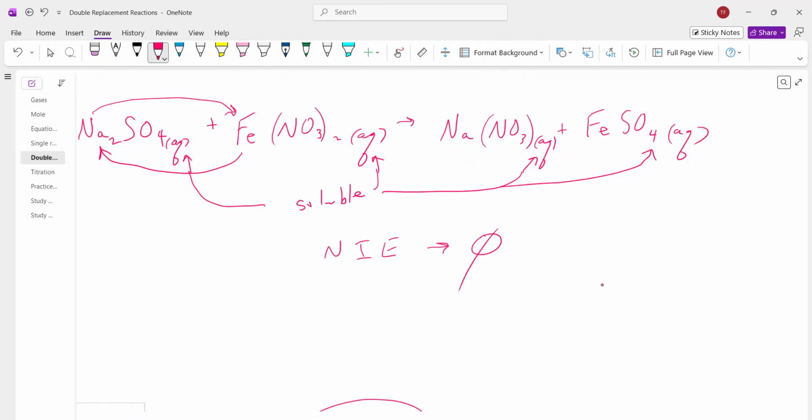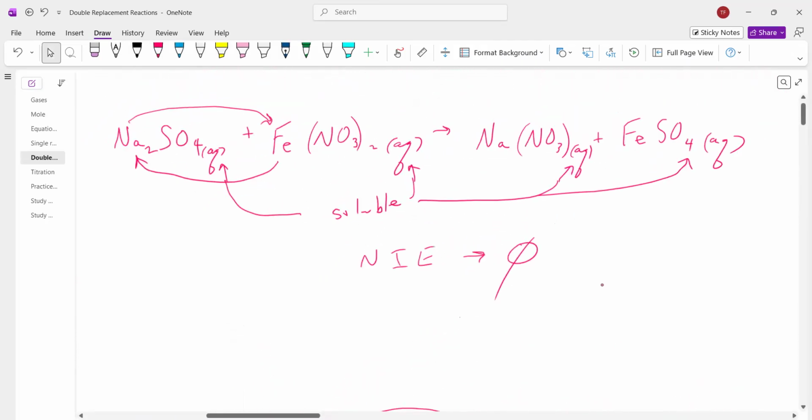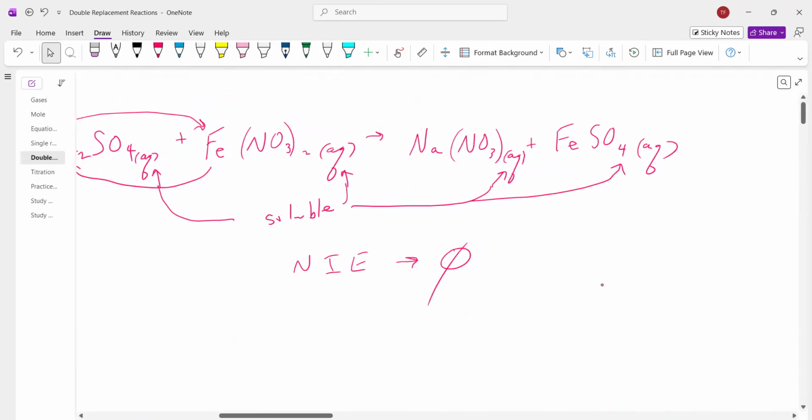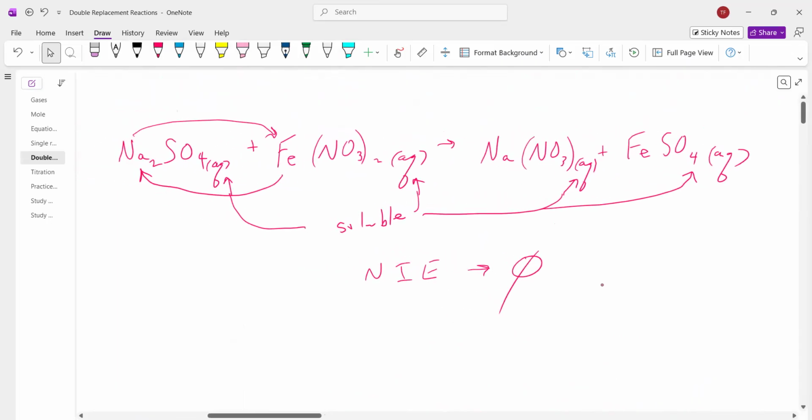Okay, so let's try another one. Oh, and by the way, remember I said it has to be a balanced equation? Guess what's not balanced? So how many sulfates do we have on the left? What about on the right?